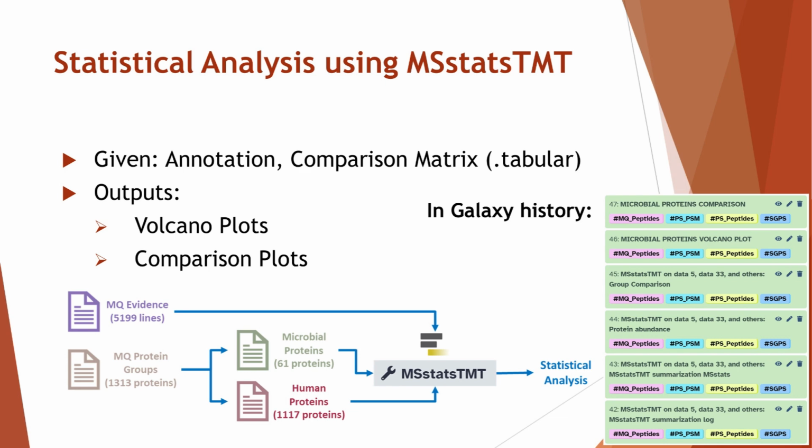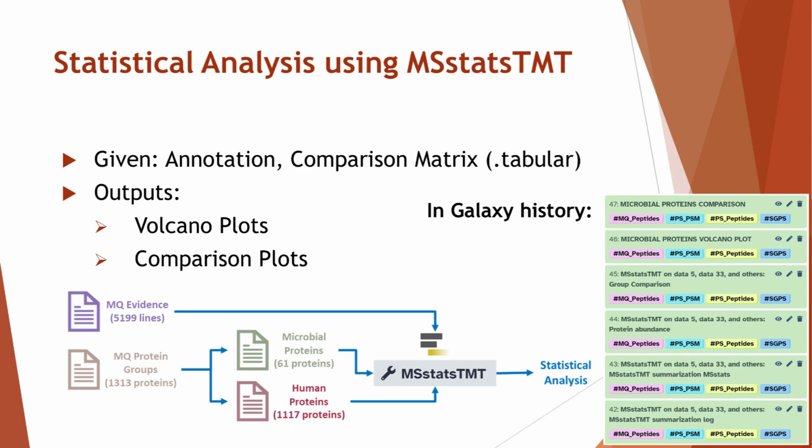This allows us to generate tabular files that contain protein abundance ratios, group comparisons, and volcano plots, which are able to showcase differentially expressed proteins between human and microbial protein groups.